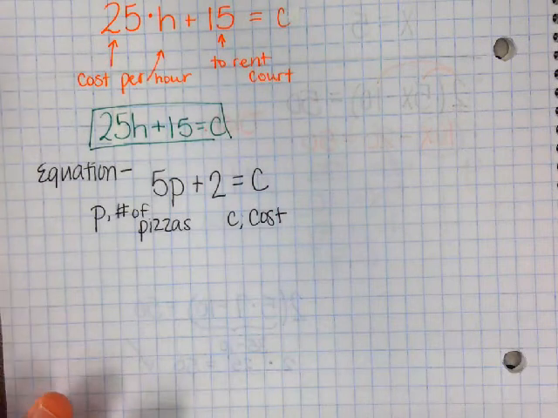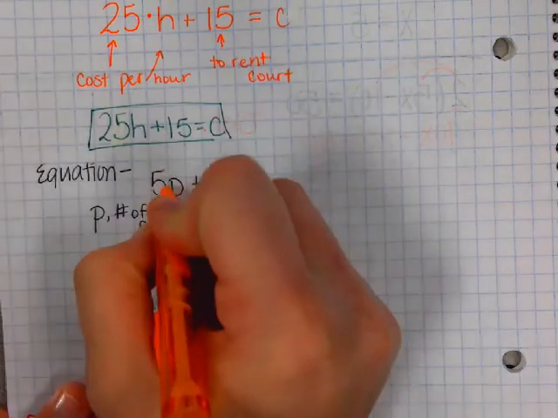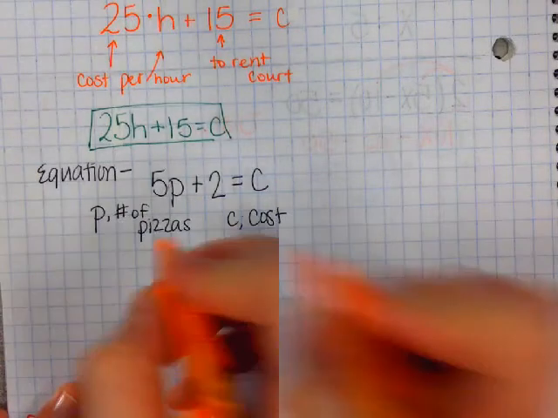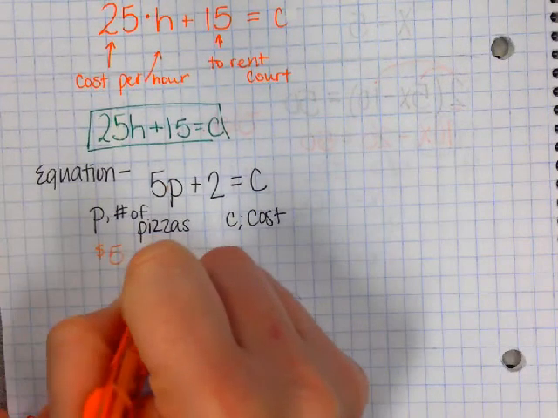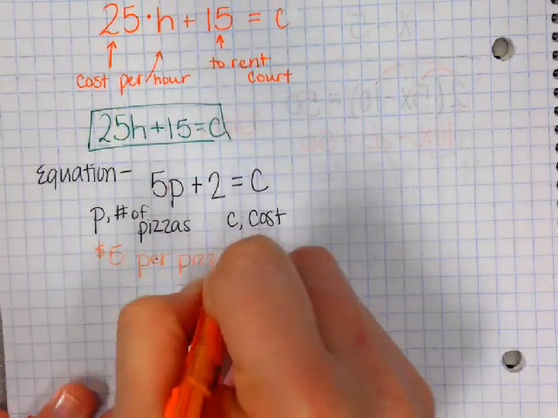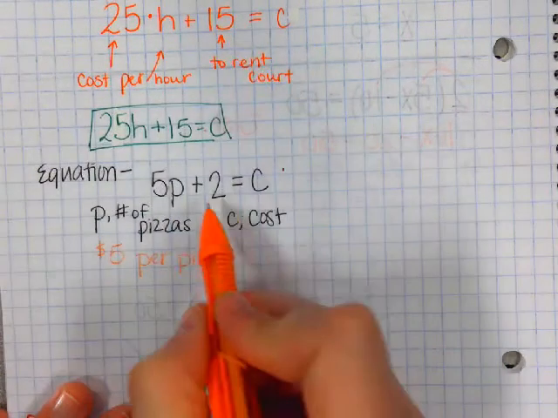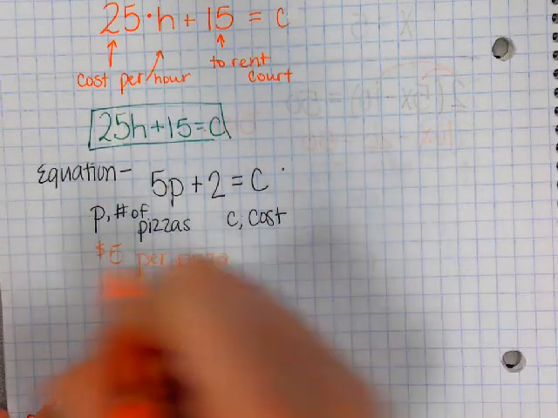So it's 5p. Remember, 5p means the same thing as 5 times p. So it's $5 per pizza plus some $2.